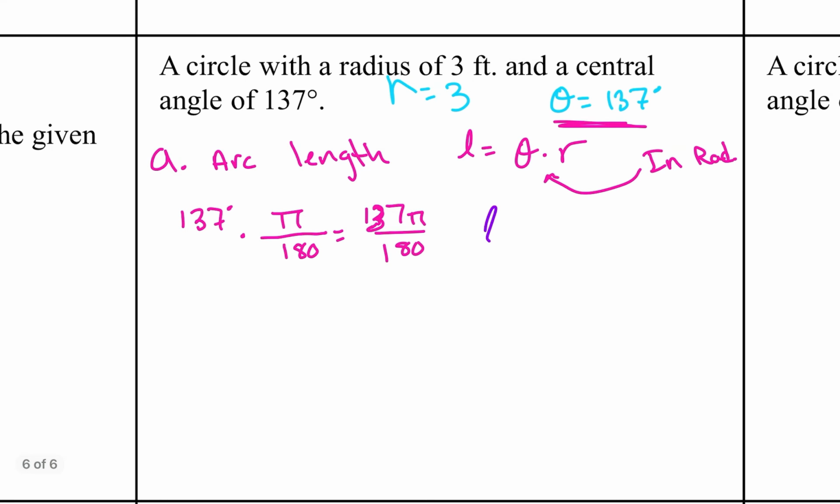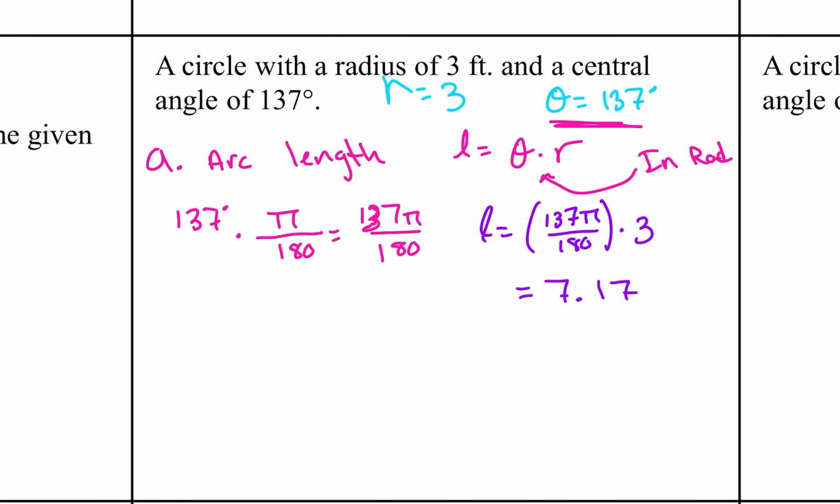I'm going to plug that into this formula over here, L equals theta R. So theta is 137 pi over 180 multiplied by the radius R, which is 3. And so we're just going to multiply that by 3 and multiply it by pi in our calculator. So 137 times pi divided by 180 multiplied by 3. We get 7.17. I'm going to keep the units we had up there, feet.